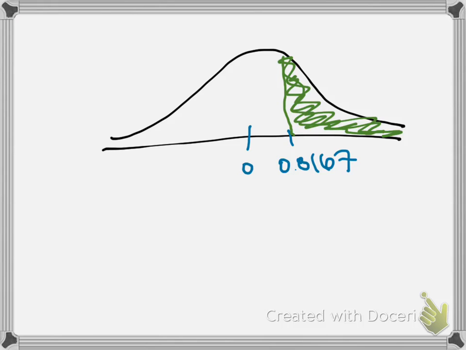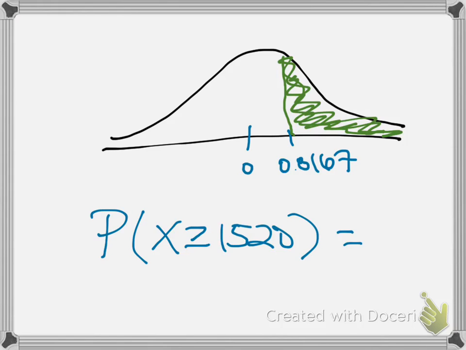And we can do that on our calculator, like I showed you earlier in the year. So we are again calculating the probability that x is greater than 1,520. And when I do that, I get about 0.2071. So approximately 20.71% of our survey respondents would agree with our statement.